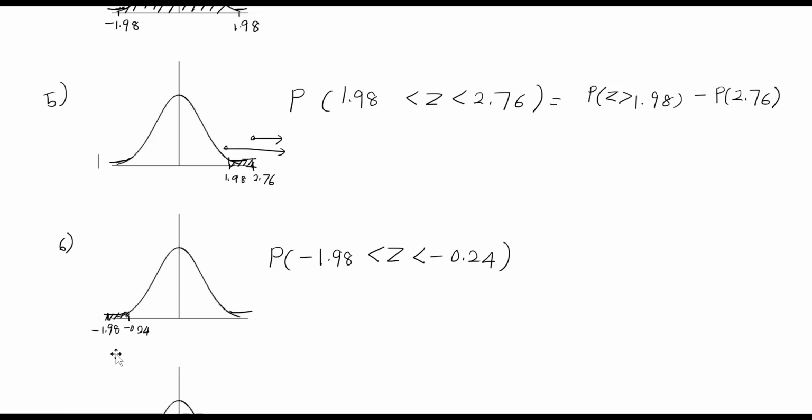Since this is symmetric, we get 0.24 and also positive 1.98, so this area is equal to the probability of z greater than 0.24 minus the probability of z greater than 1.98.